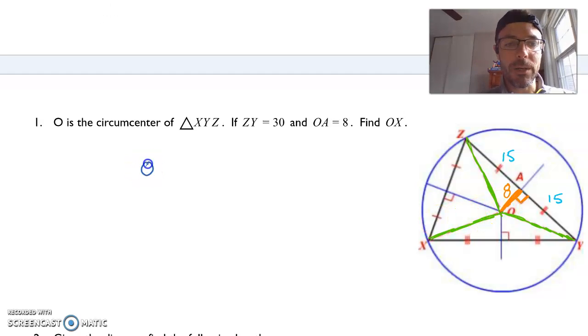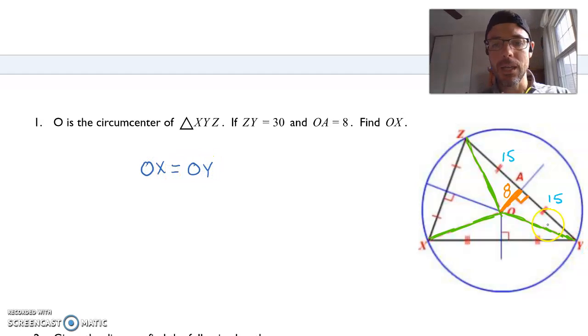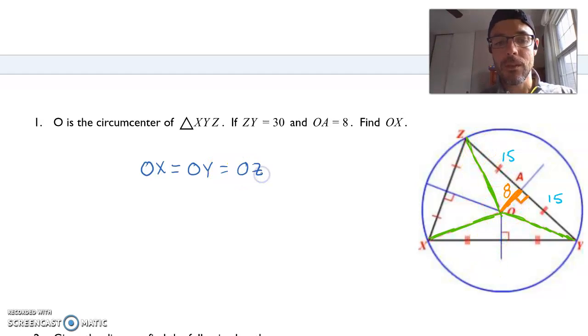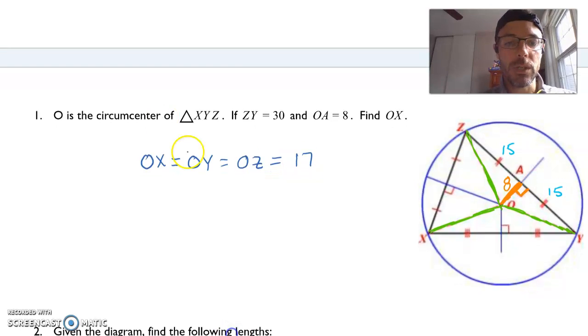We've already talked about this part: OX has to be equal to OY and OZ because it is the circumcenter. I have two right triangles here. I can use the Pythagorean theorem or our Pythagorean triples to state that OY, OZ, OX, all of them are going to be, well, we have 8, 15, they must be 17. So in this case, I can conclude that OX has a length of 17.